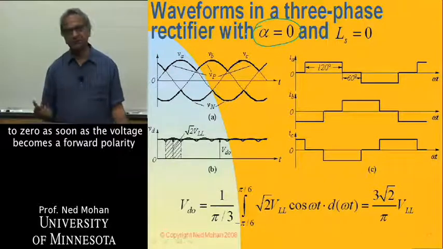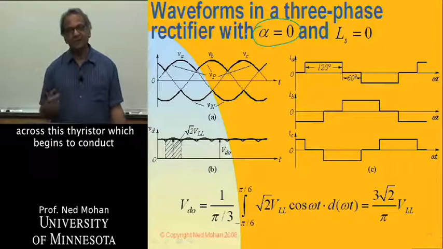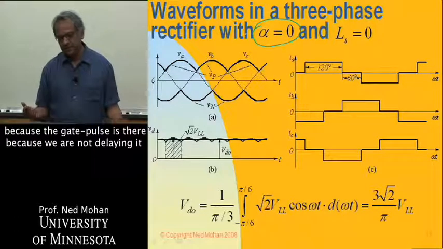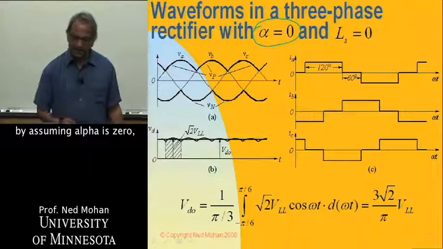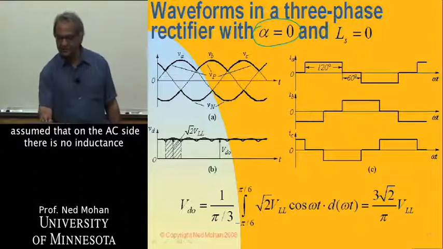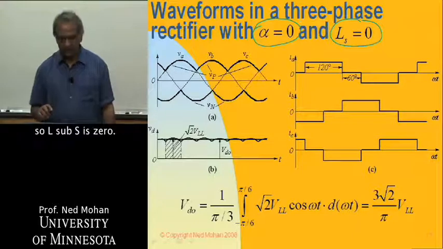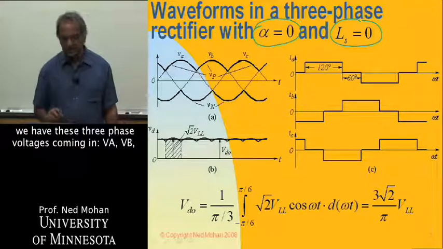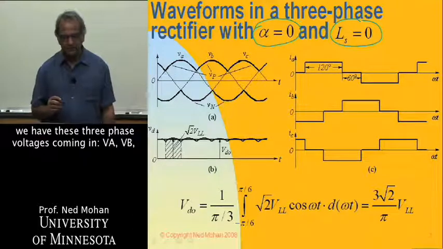As soon as the voltage becomes forward polarity across a thyristor, it will begin to conduct because the gate pulse is there, because we are not delaying it by assuming alpha is 0. That's how these waveforms are drawn. The other thing we have assumed is that on the AC side, there is no inductance, so L_S is 0.